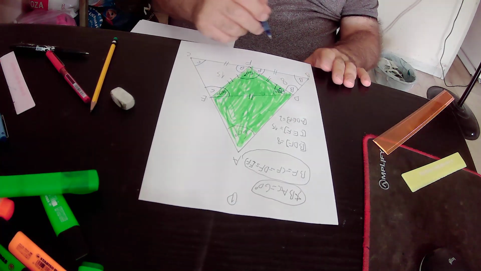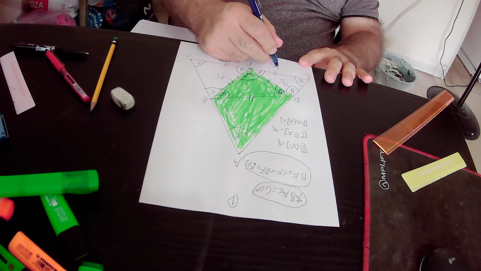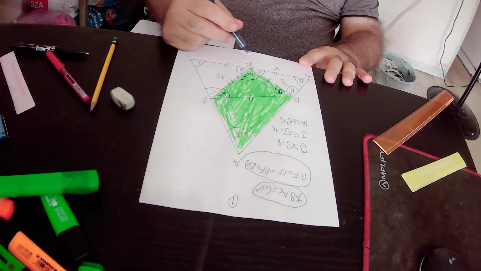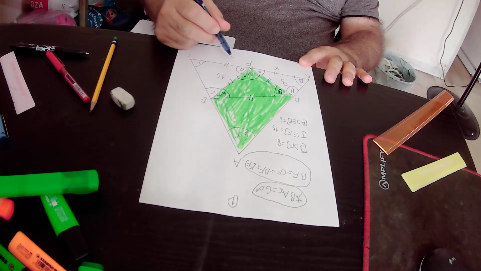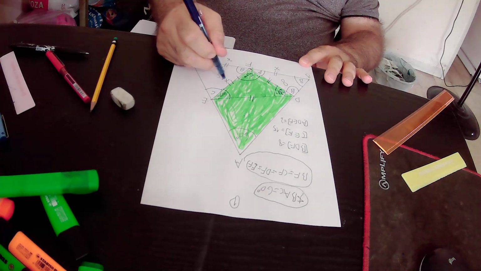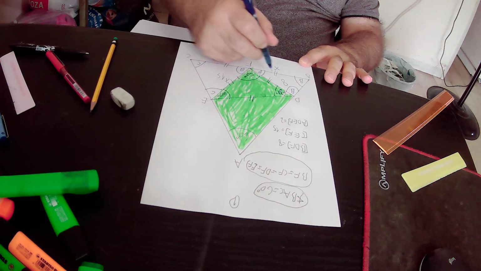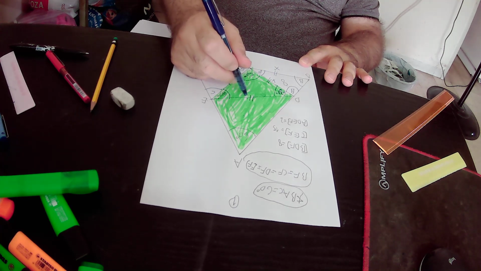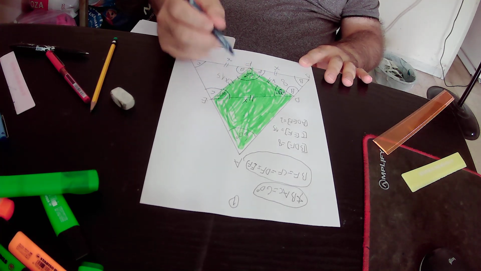So if we define BF as X, then FC must also equal X, and also FE must be equal to X, DF must be equal to X, and DE must also be equal to X. Okay?